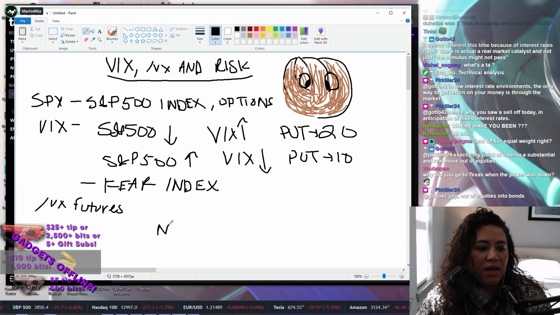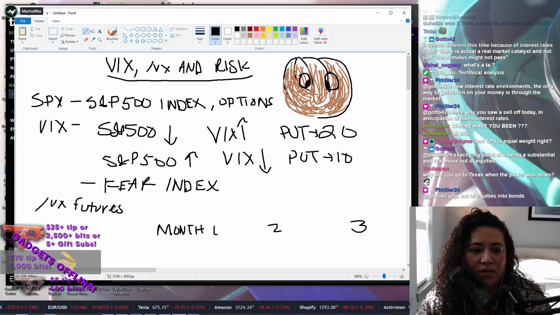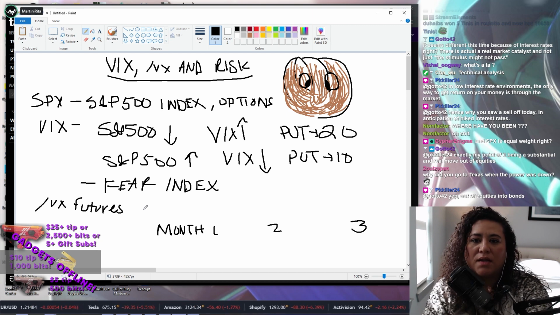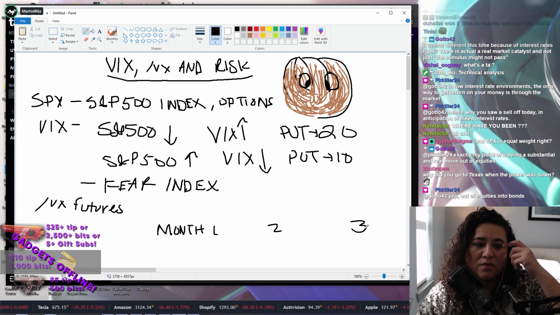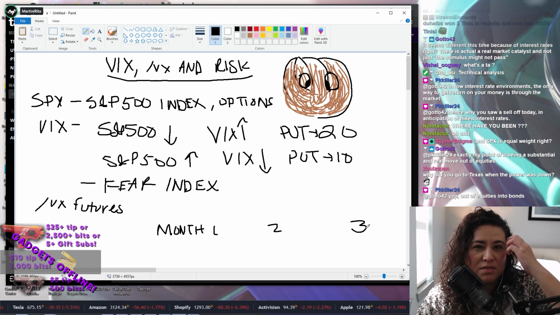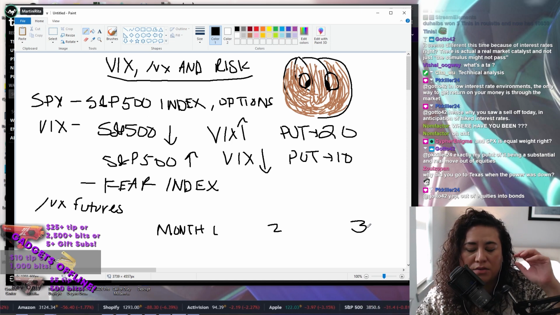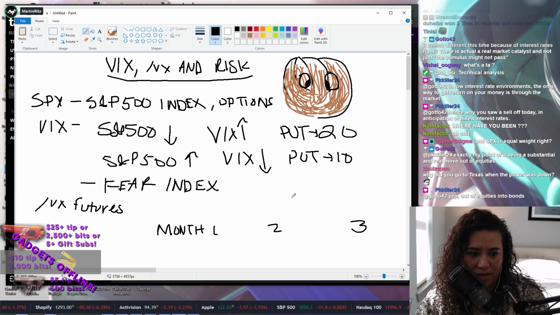So you're going to think of it as the future price in different months. Month 1, 2, 3. And so they're going to think of what they think VIX will be at. What do they think the fear of the market is going to be in month 1, month 2, and month 3? So VIX ranges from 0 to, historically speaking, 100 or 200. It stays anywhere most of the time between 10 and 30.